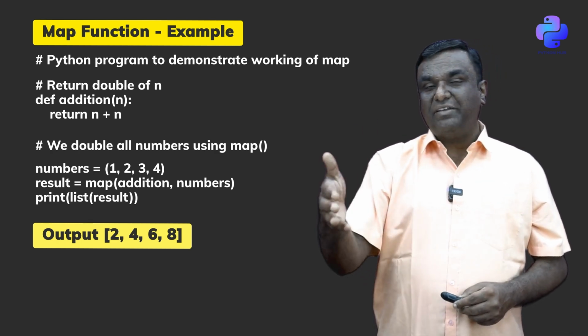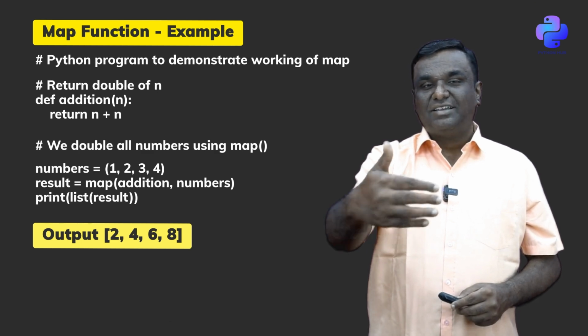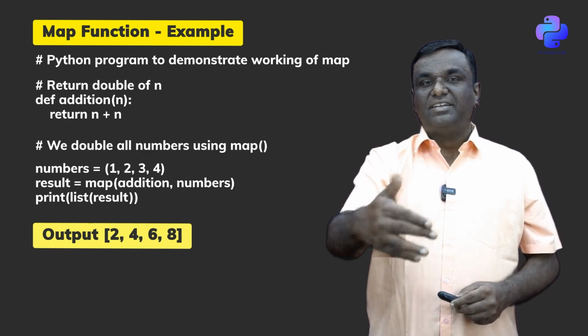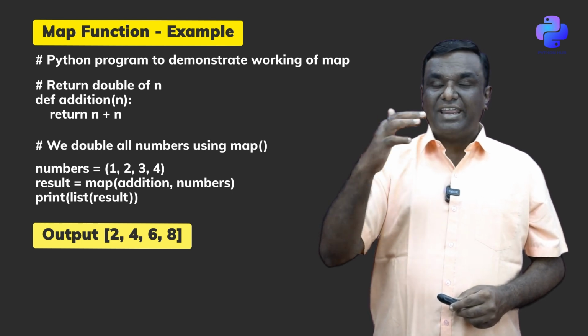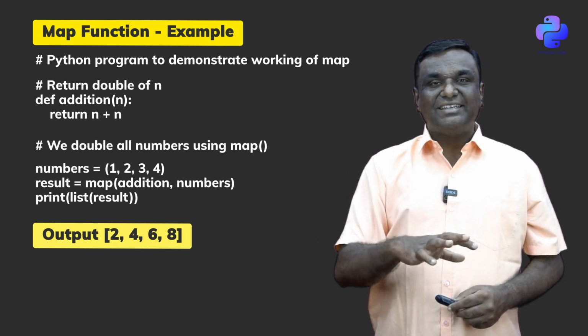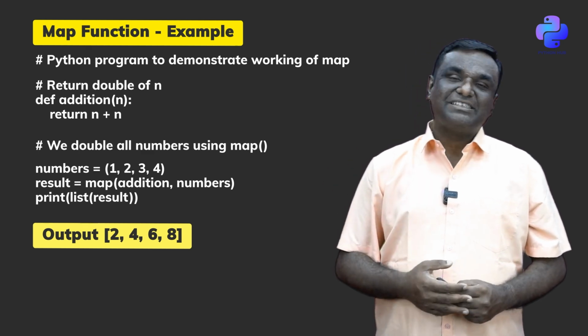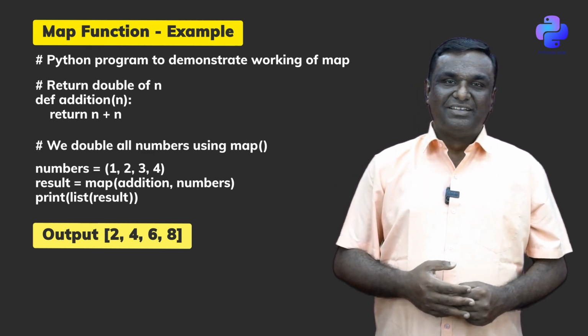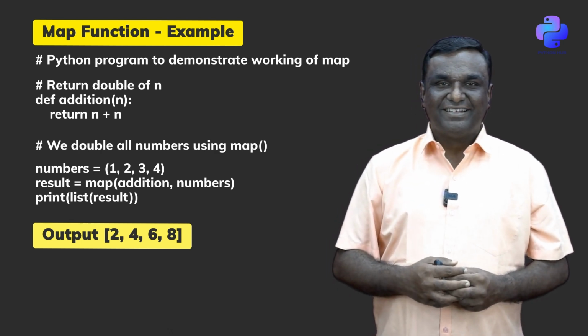So 1, 2, 3, 4, the addition function has been applied on it, that is, doubling has happened here. So 2, 4, 6, 8 is the outcome, which has been mapped, typecasted as a list and then presented. I hope you are able to understand the function here.